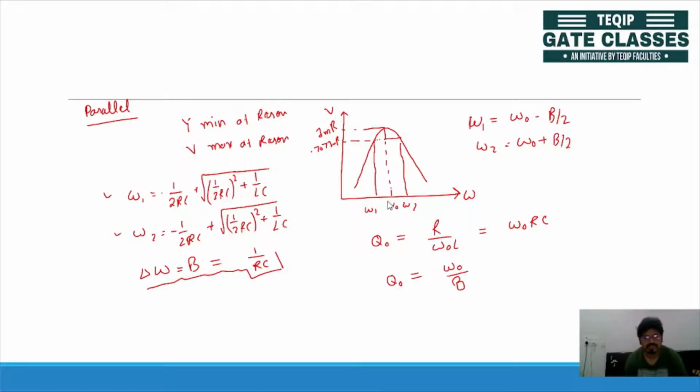Okay, the one thing you have to remember is that in parallel resonance your admittance will be minimum and your voltage will be maximum.